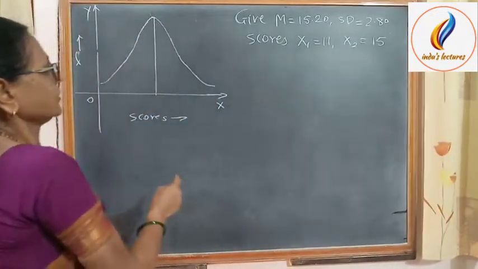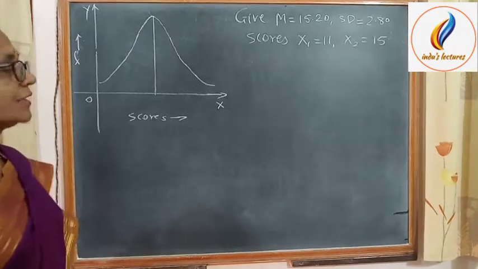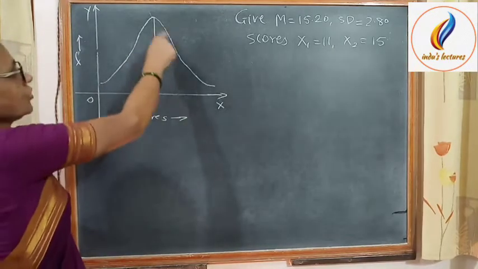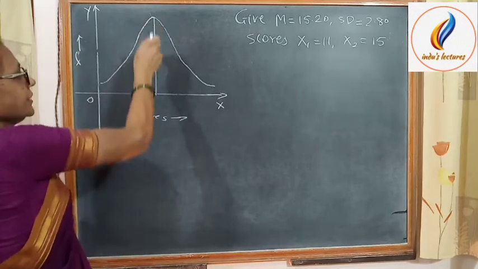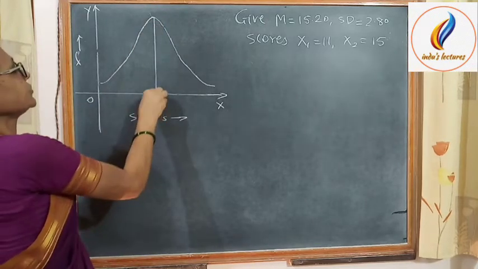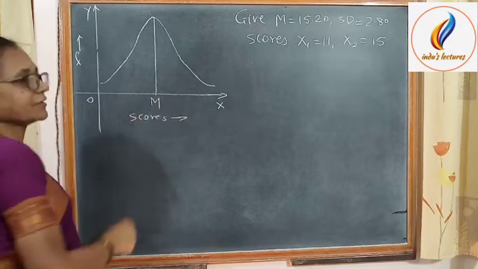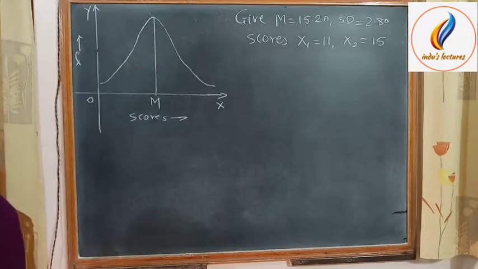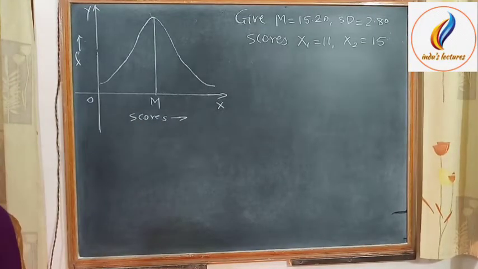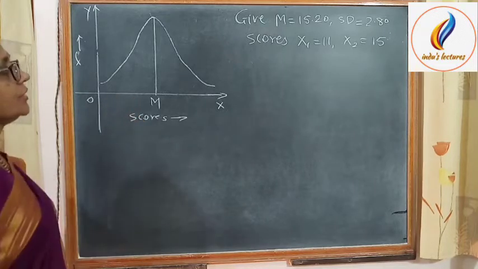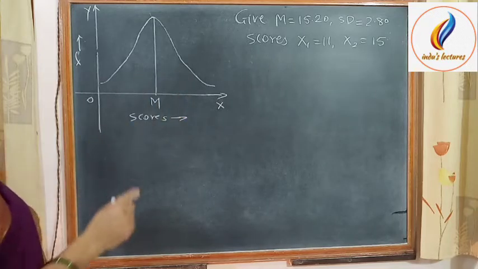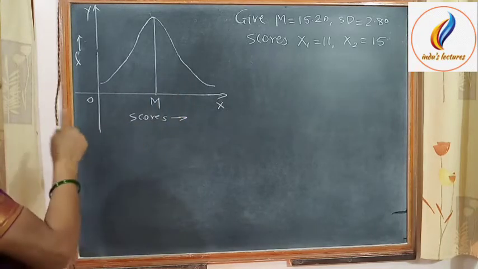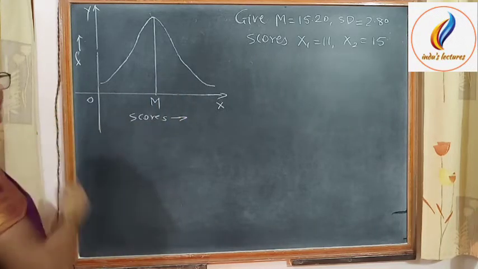Now for solving the example, let us consider the normal probability curve. Here is the ordinate, and at this point the mean is concentrated, or the measures of central tendency are concentrated. Mean is equal to 15.20 and one score is 11, so 11 is on the left side of the ordinate.